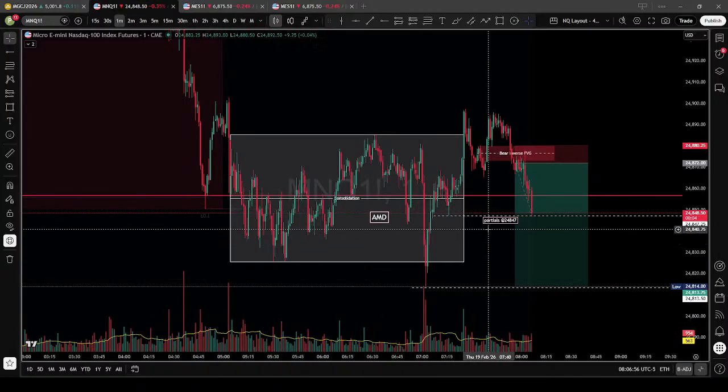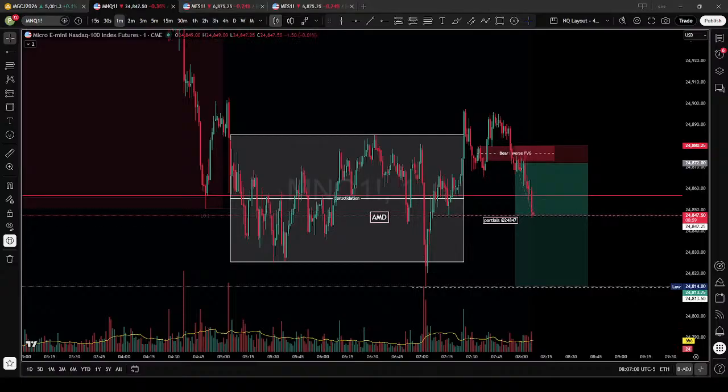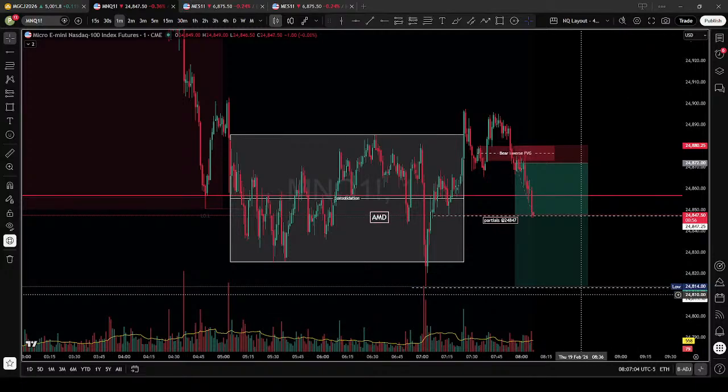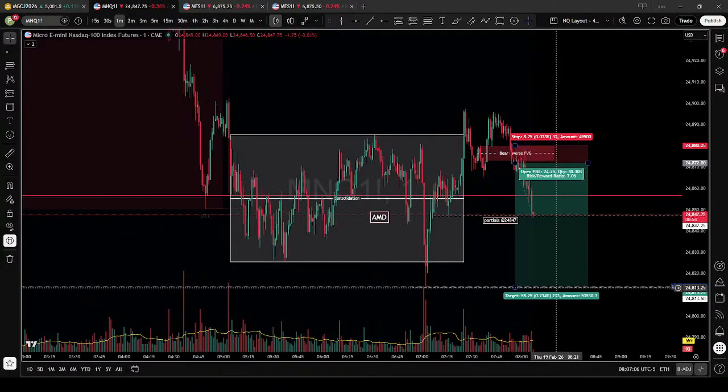Partial exit. No more loss in this trade. We'll wait for the price to hit our target lower right here.